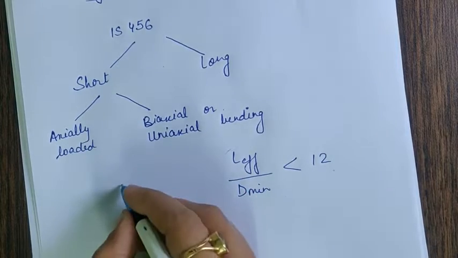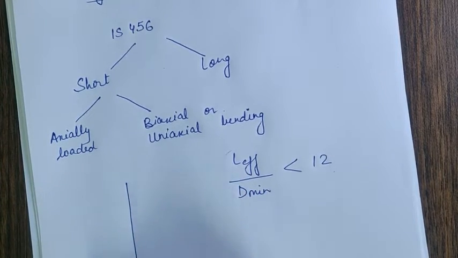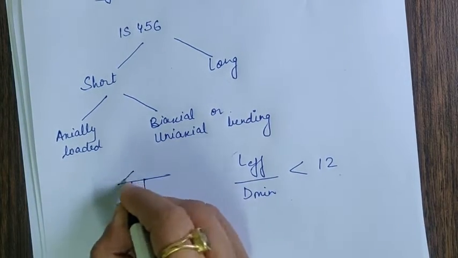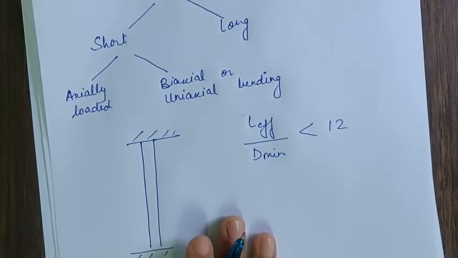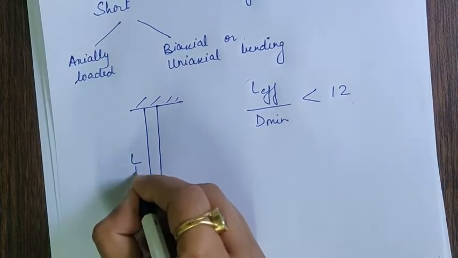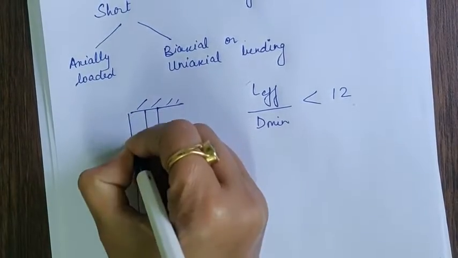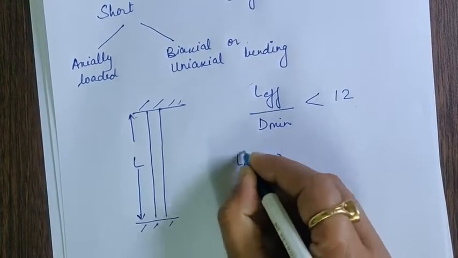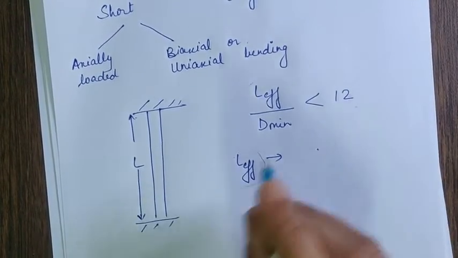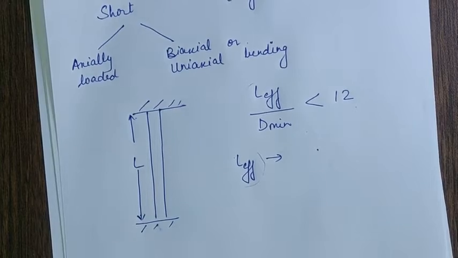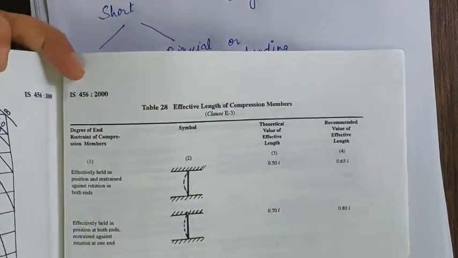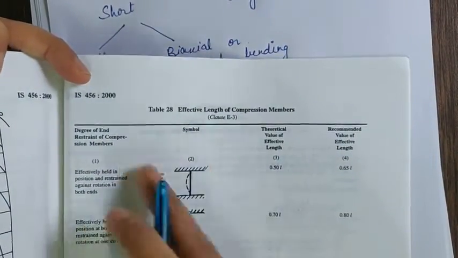L effective is, let us say we have a column supported like this. This is the unsupported length of the column, and L effective is related to this unsupported length by using the table given in table 28 of IS 456.